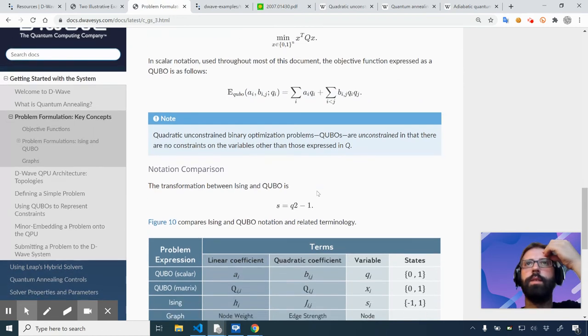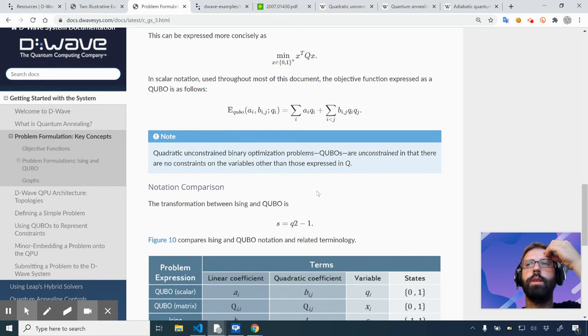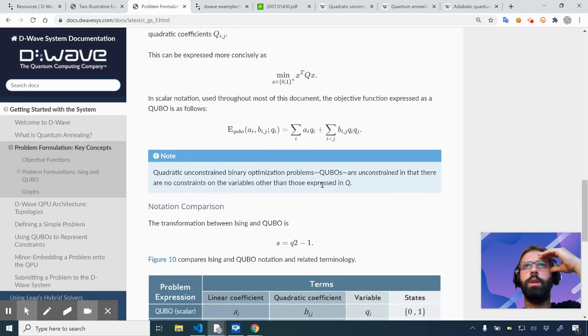I guess this has got to do with the fact that that's naturally how you parameterize these machines, right? You have two parameters that you need to configure.